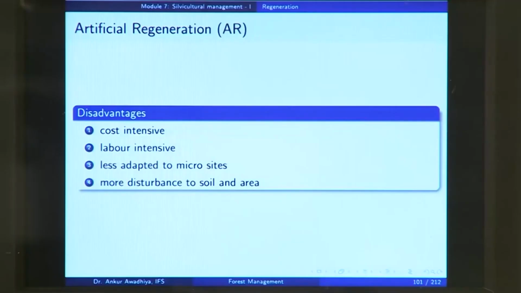So, the seeds that you collect from these areas will also generate plants that are better adapted to drought like conditions, but the final planting site might be one that is not having a condition of drought. On the other hand, it is having a waterlogged condition. So, in that case, there is a good possibility that your plantation might fail. So, there is very little amount of control over adaptation to the microsites.